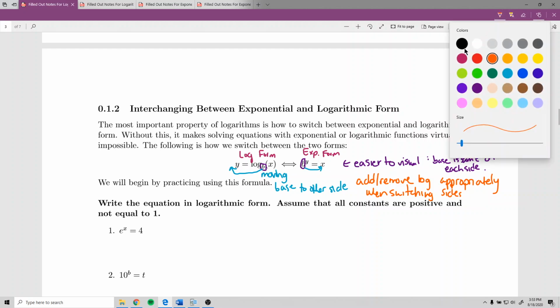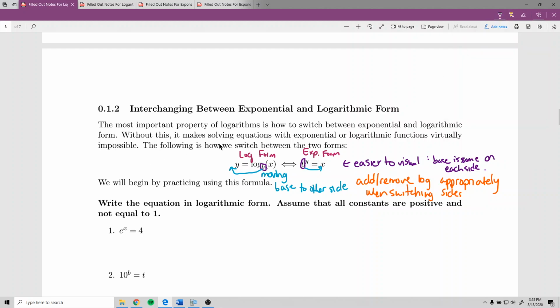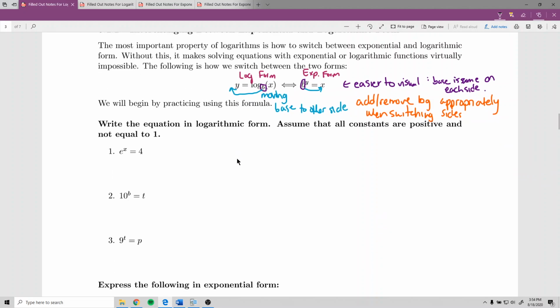And this is going to be important because this is one of the ways you can actually solve log and exponential equations. But what we're going to do is just practice switching for now. So this first one says e to the x equals 4, and we want to write the equation in logarithmic form for these three. So I want to do exactly what I visualized: grab the base, move it to the other side.